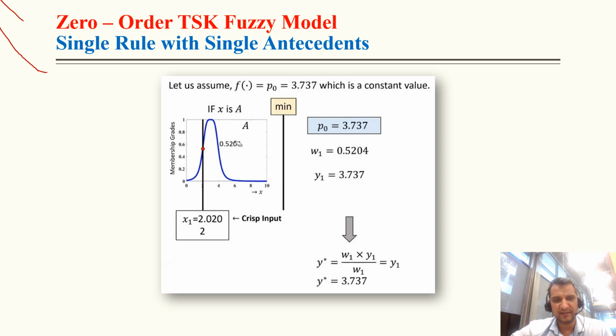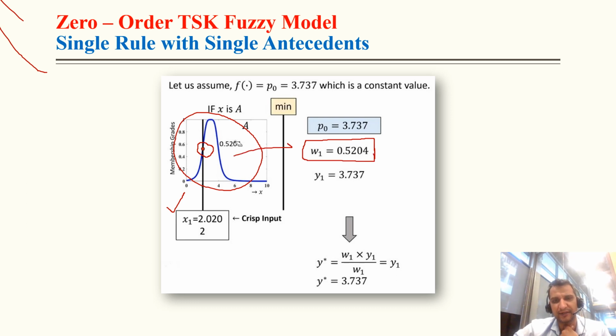Now I want to calculate the output when the input is given, that is x1 is 2.0202. When I superimpose the given fuzzy input with the given function, it will intersect at this particular point, and this is the degree of compatibility. Because there is only a single rule, this value of w1 will be equal to 0.52 as it is.